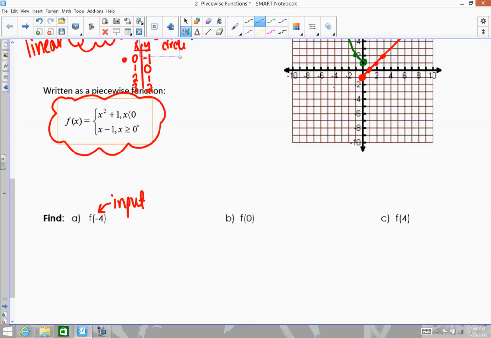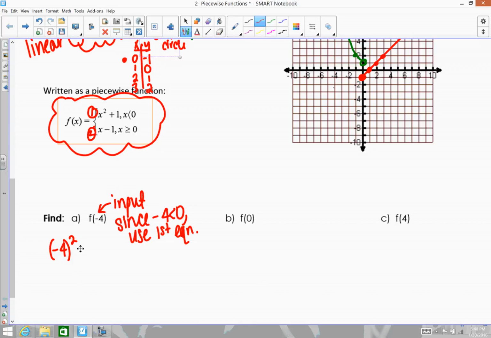And the answer is it's less than 0. So since negative 4 is less than 0, you're going to use the first equation to plug into, which means I'm going to take negative 4 and plug it into the first equation. I'm going to call it number 1 and number 2.